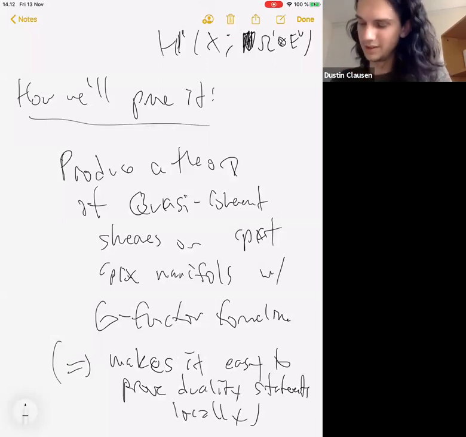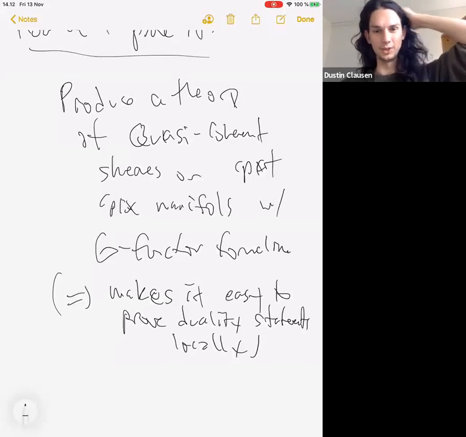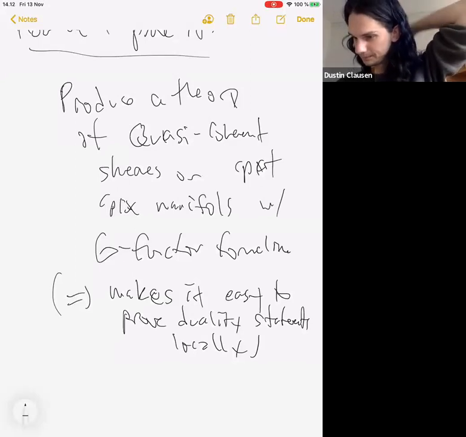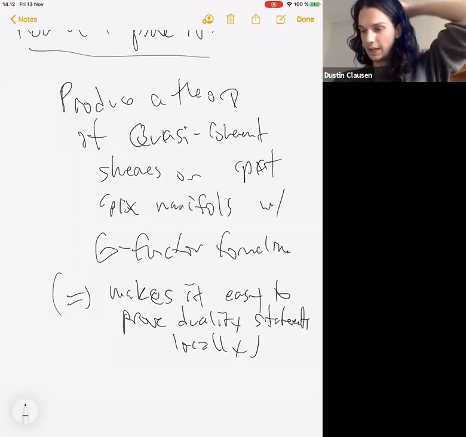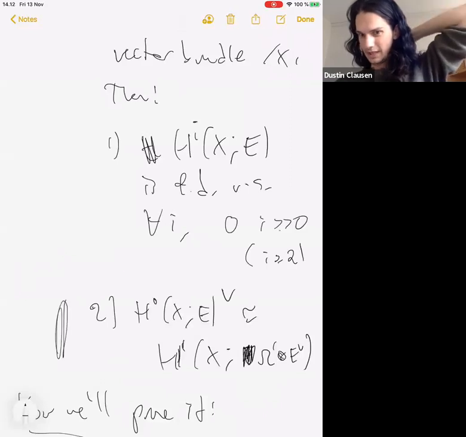That's a main thing that 6-functor formalisms are good for, to reduce duality statements to local calculations. So that is more or less how we're going to get there.